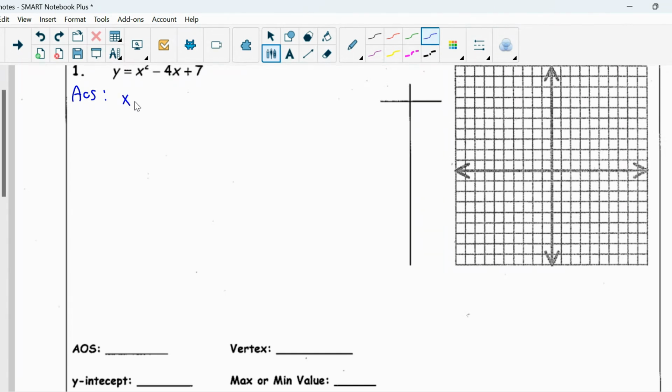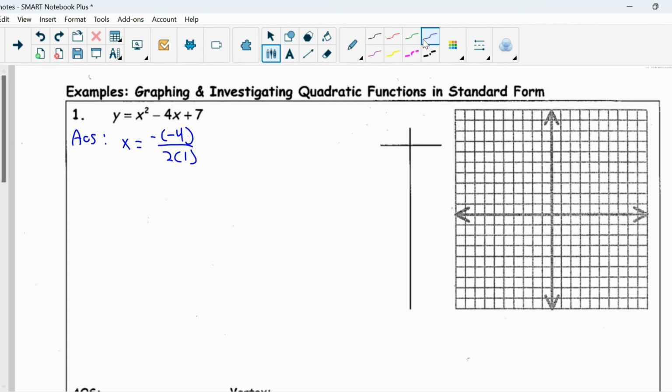So we have x equals negative b, which is just negative negative 4, over 2a. So 2 times 1. I should go back up to our quadratic here. Remember, a is the coefficient on x squared, which in this case is just 1. b is the coefficient on x, which is negative 4.